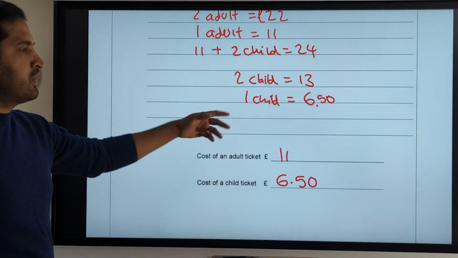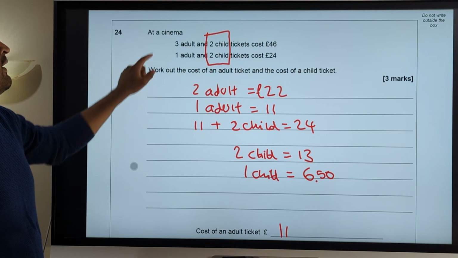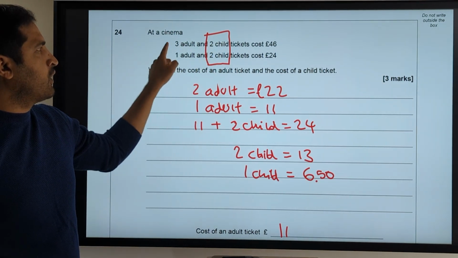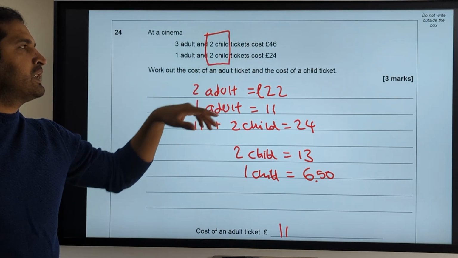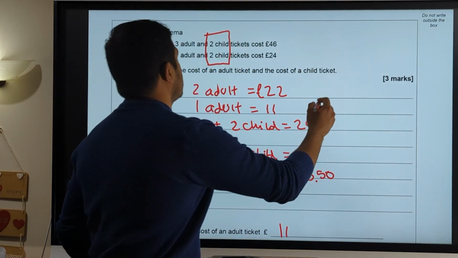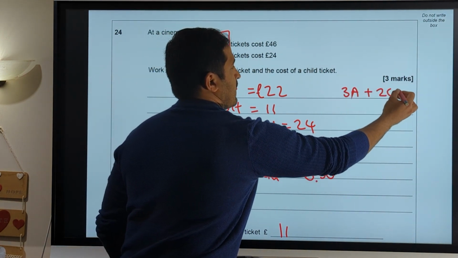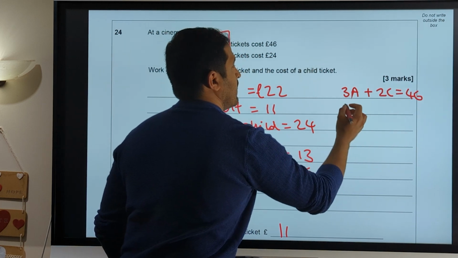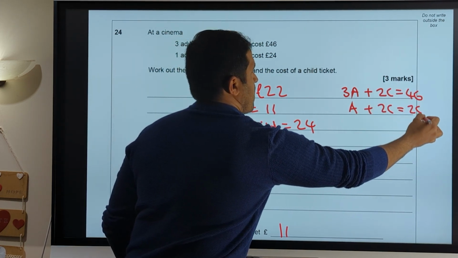That's it. That gets you full 3 marks or 4 marks, whatever that is. You can do it 3a plus 2c, 1a plus 2c is equal to 46 and 24, and work it out that way. That's exactly the same thing we've done here. So let's just quickly do that. 3a plus 2c equals 46. a plus 2c is equal to 24.